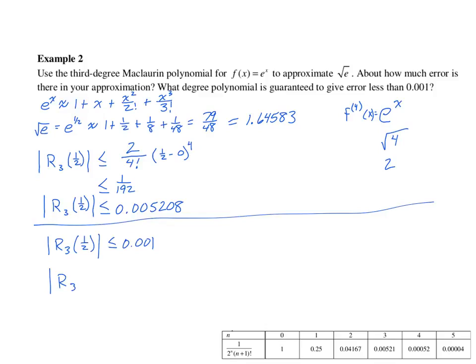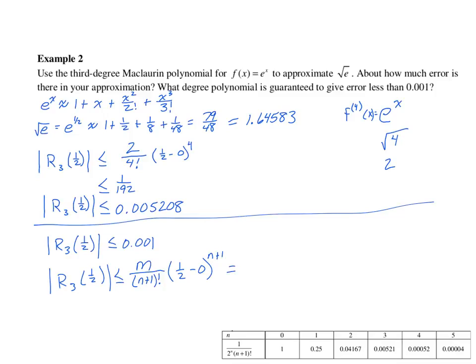This is less than or equal to our formula, which is M over n plus 1 factorial times a half, because that's where we're evaluating it, minus 0 because it's a Maclaurin, raised to the n plus 1 exponent.